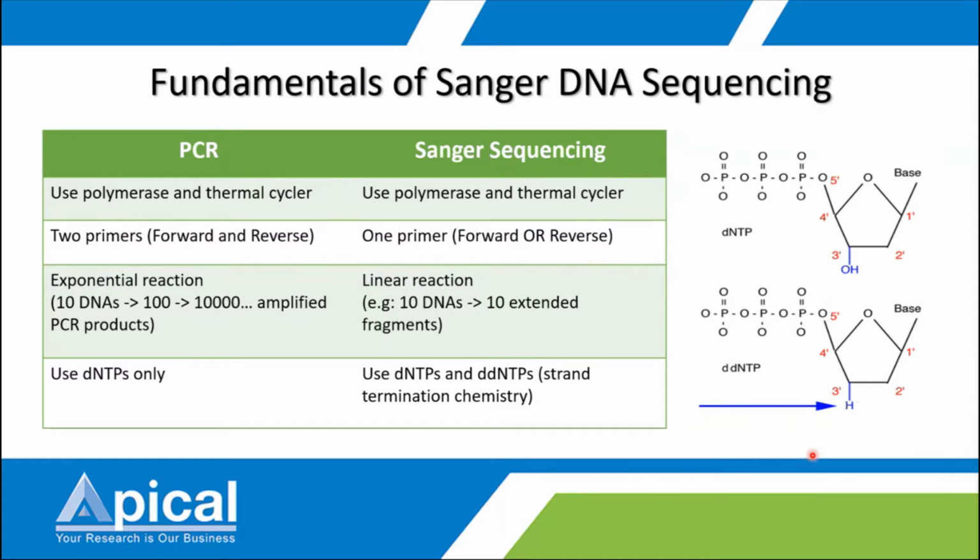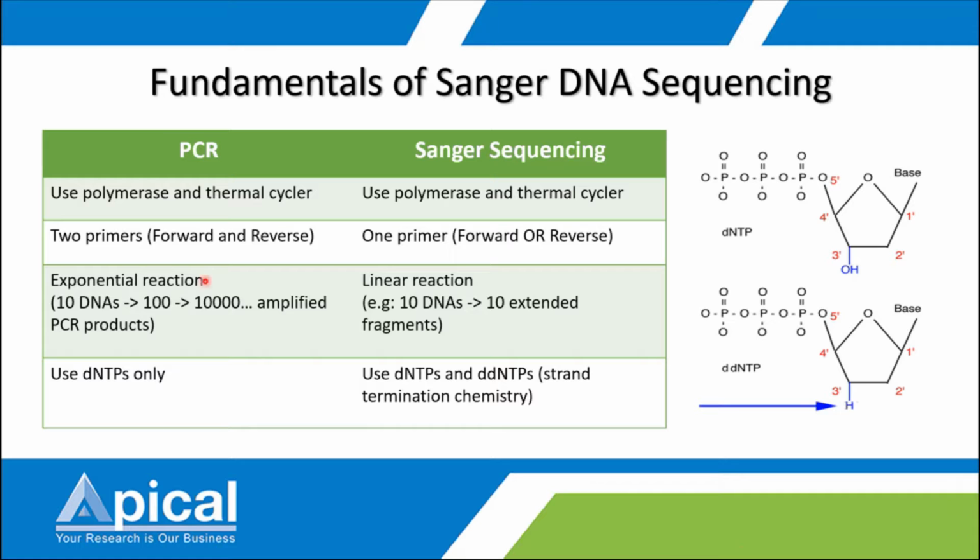This ddNTP carries a hydrogen group at the 3' end, which will stop any possible covalent formation with any coming nucleotide. So we call this strand termination chemistry. In sequencing, we are using strand termination chemistry, and there will also be dNTP inside.